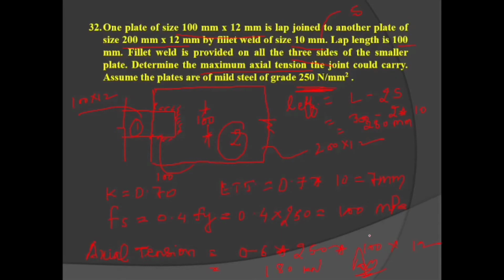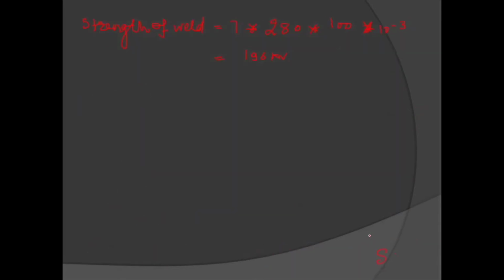Now there are two values. The first value is axial tension, this one, 180, and strength of weld is 196 kilonewton.